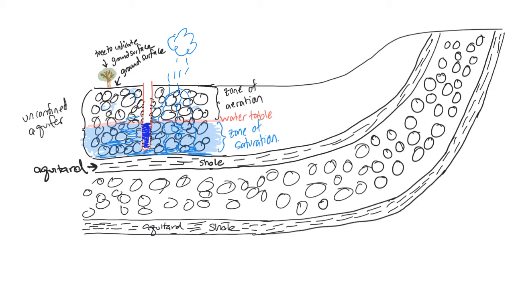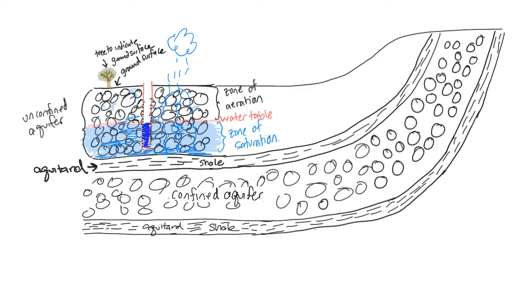So now we have our unconfined aquifer in connection with the surface here, and then our confined aquifer here. So we can label this as our, actually we'll erase a little bit so we can make that label. So now we have our confined aquifer here.